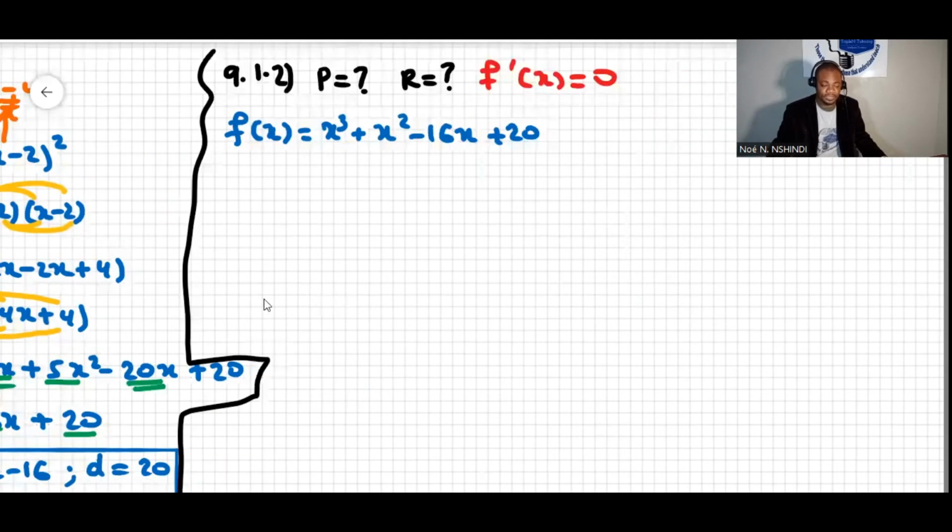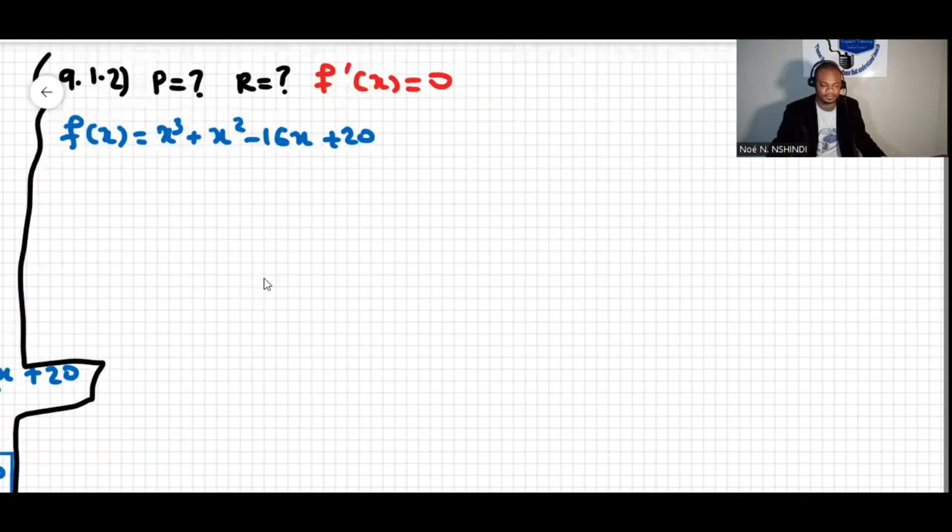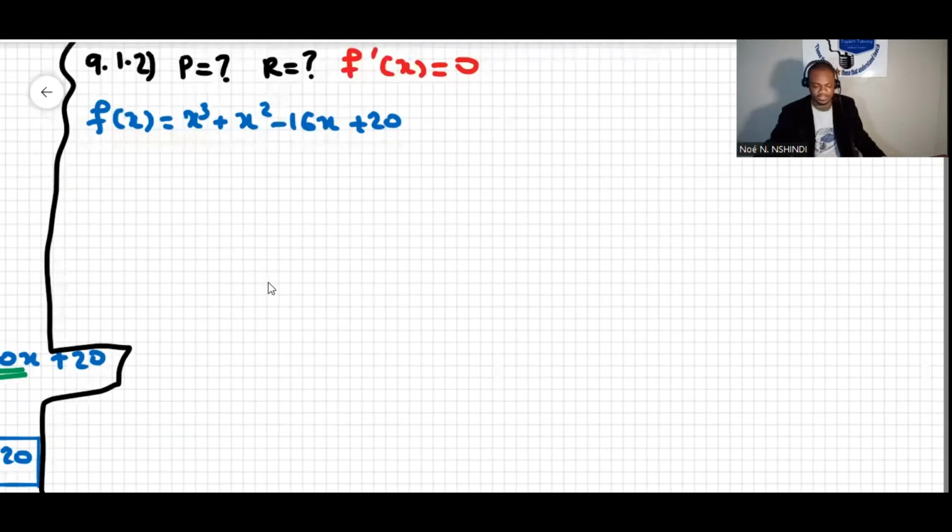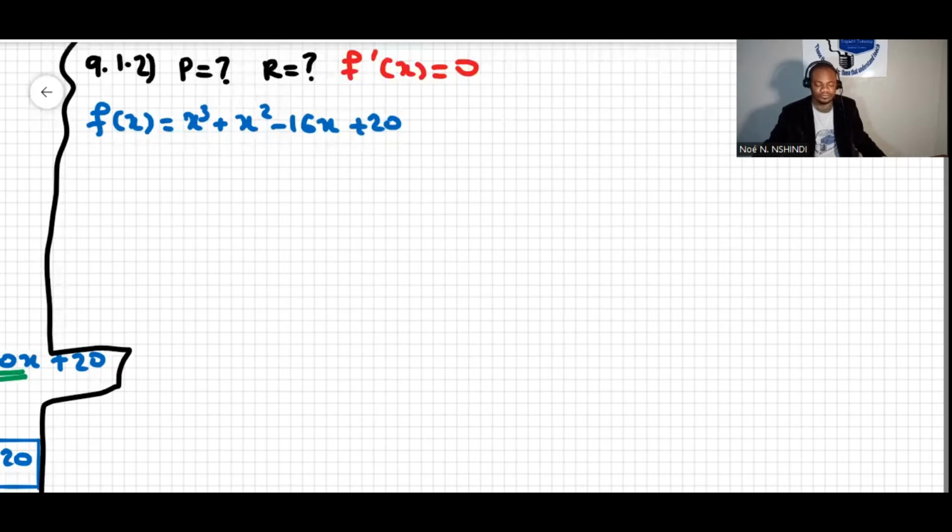We want to find the derivative, knowing that when we differentiate this function, we differentiate each term of the function. Following this formula, for ax to the power of n, the derivative is n times a times x to the n minus 1.